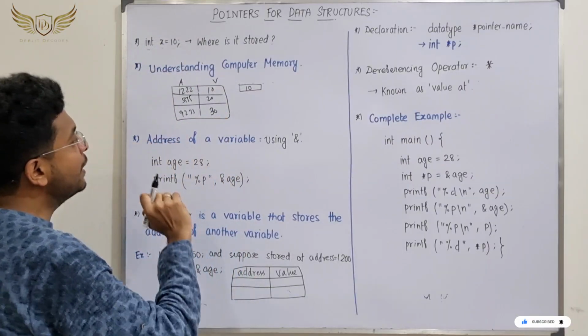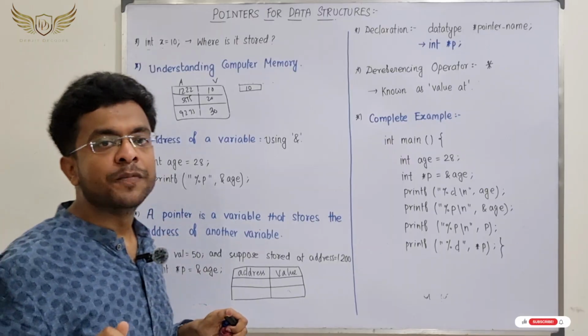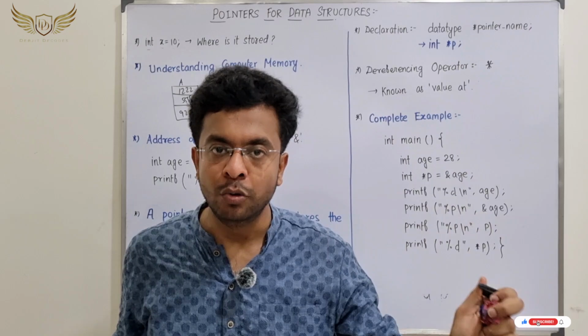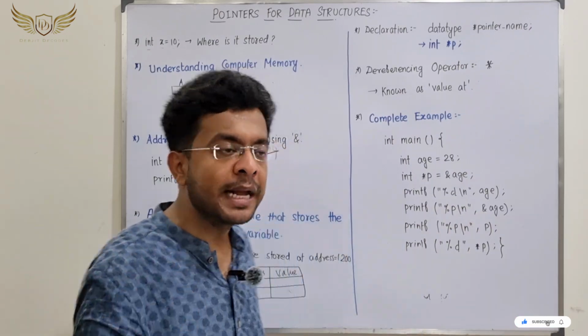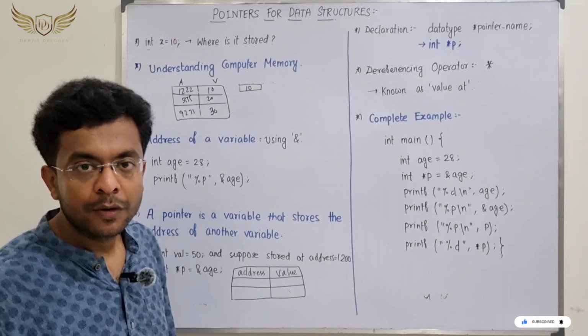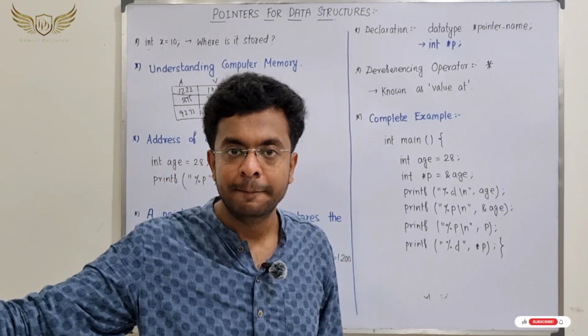Now, if you want to see the address of a variable, because so far we were talking only in terms of the value. We are writing int x equals 10, whether it is a single value or multiple values, like in case of arrays.